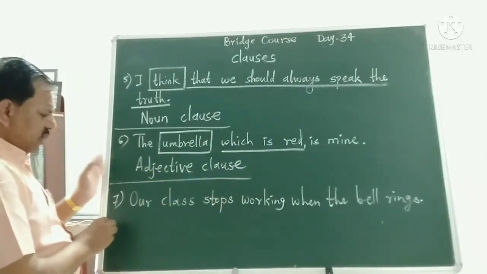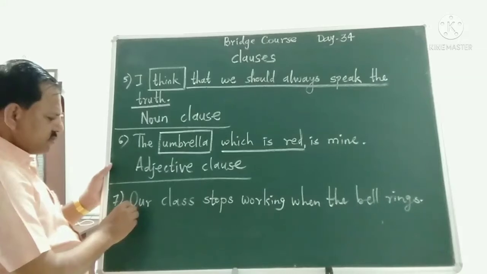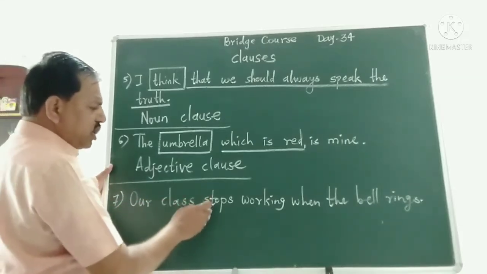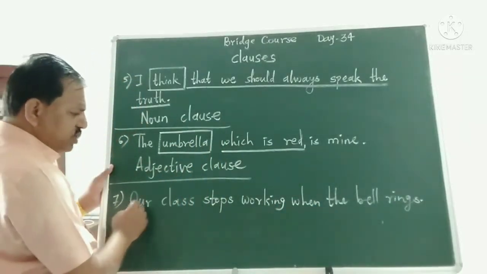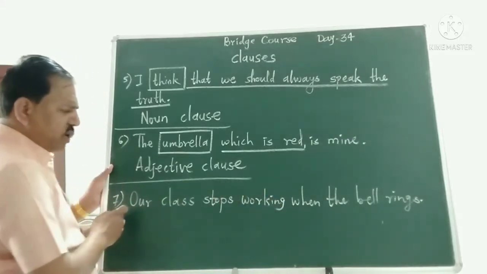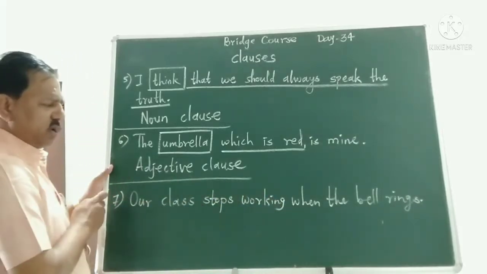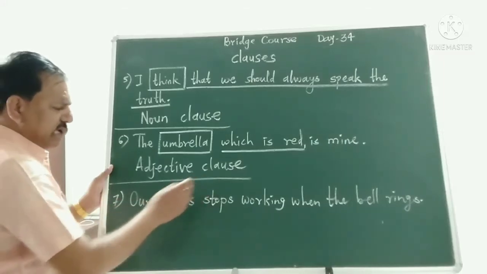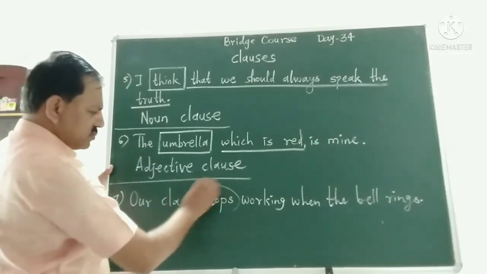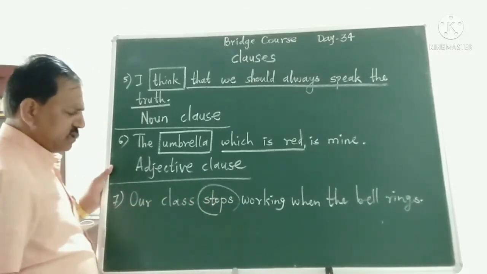And now number 7. Our class stops working when the bell rings. So our class stops working. This is main clause or independent clause or principal clause. When does our class stop working? When the bell rings.